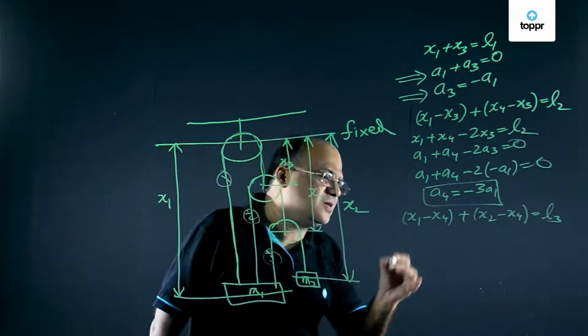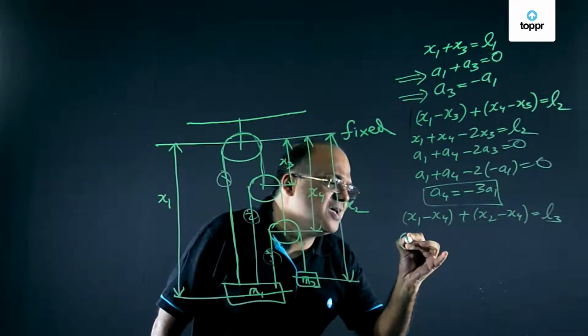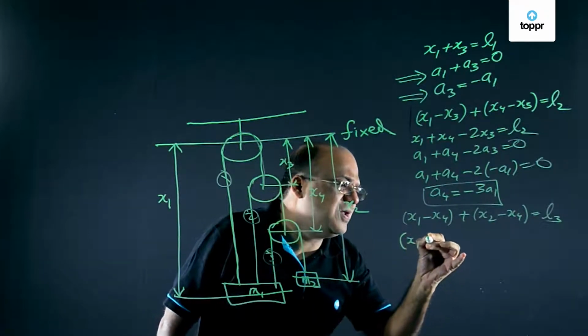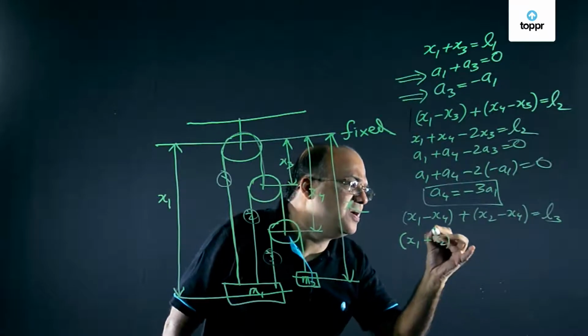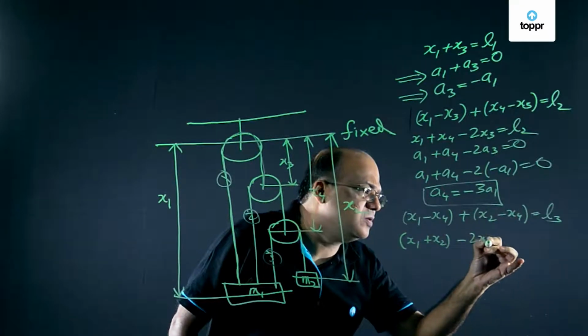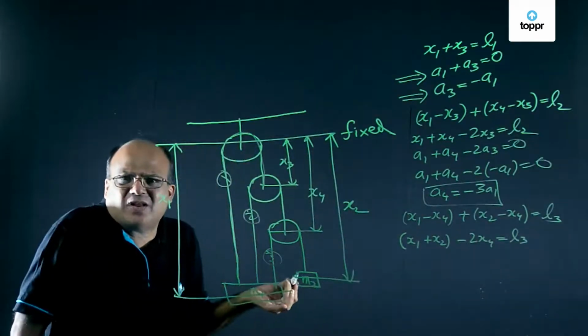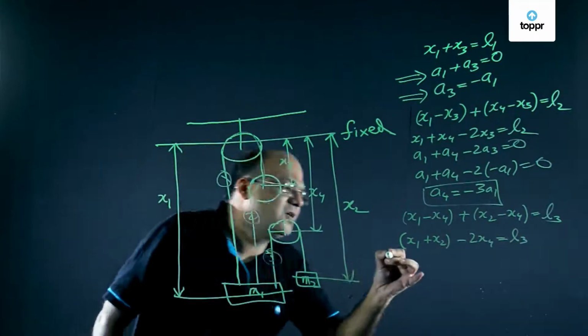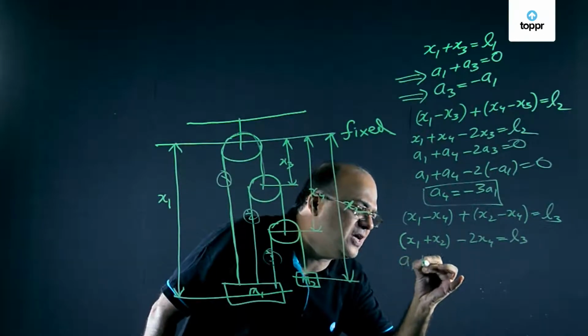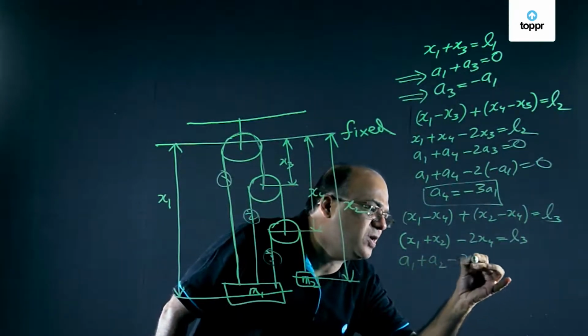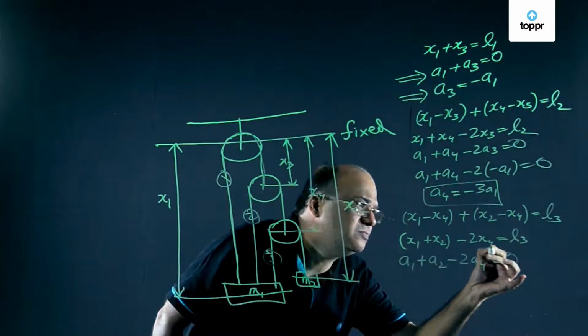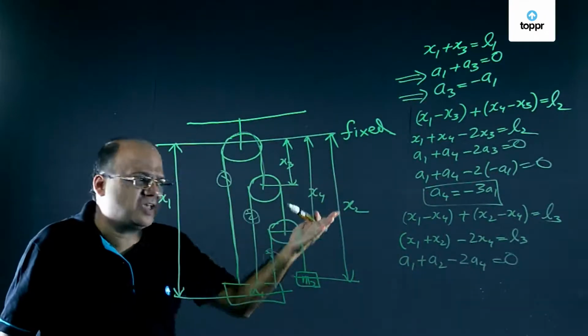So now what do we get? We get x1 plus x2 minus 2x4 equal to L3. We can differentiate this equation again twice with respect to time. A1 plus A2 minus 2A4 equal to 0. A4 we know, minus 3A1.